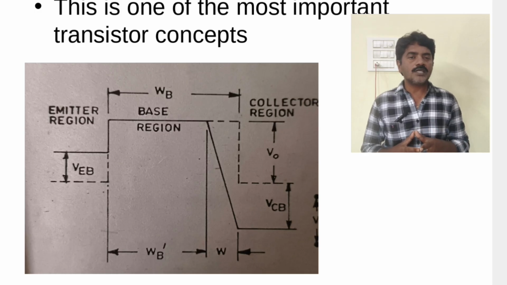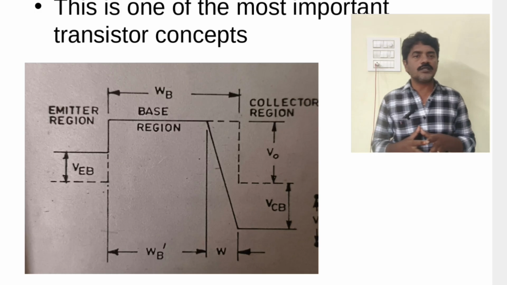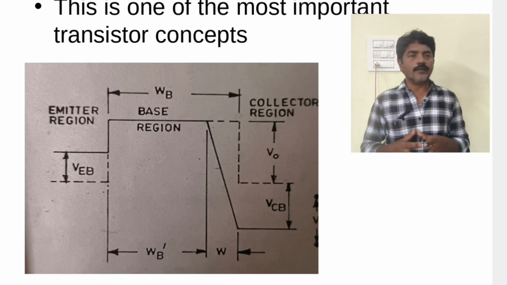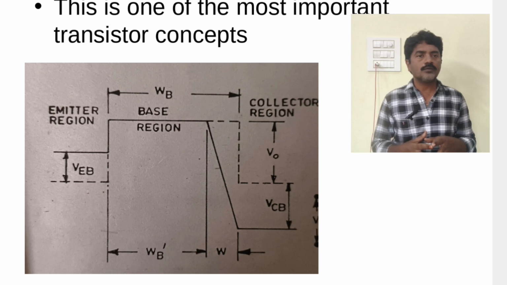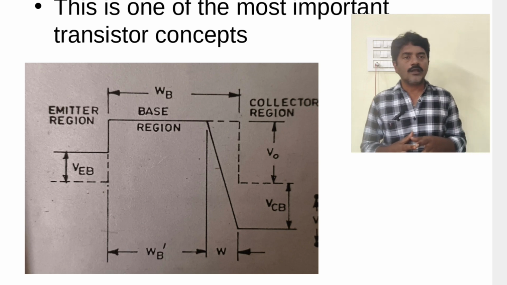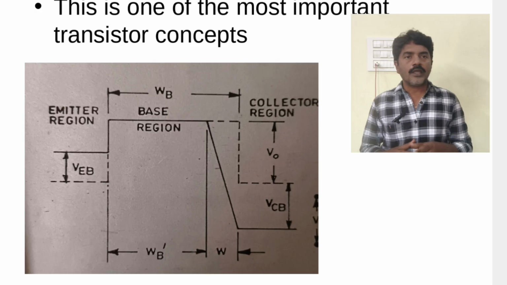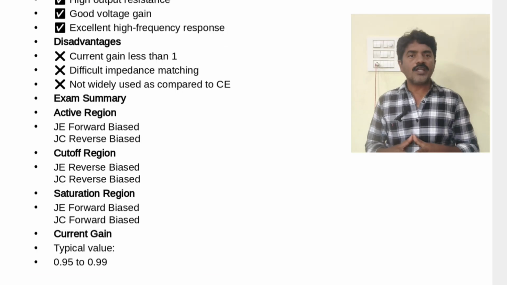Actually, the base width is WB. After penetration into the base region, finally it becomes WB dash, that is, WB minus W. This is the early effect.